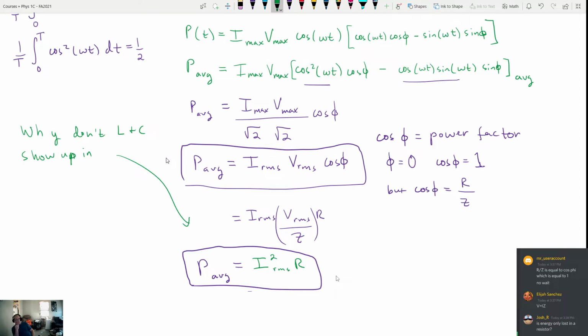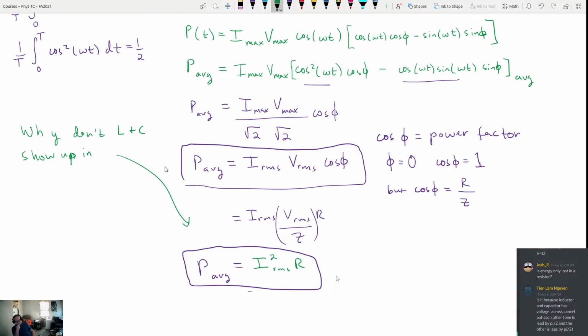The inductor basically can store energy inside of its magnetic field. But the thing is that with an inductor, it can either be charging up or discharging. Same thing with the capacitor. The capacitor can either be charging up or discharging. When the capacitor is charging up, there's power going into it, right? When the capacitor discharges, the capacitor acts as a source and delivers power back to the circuit.